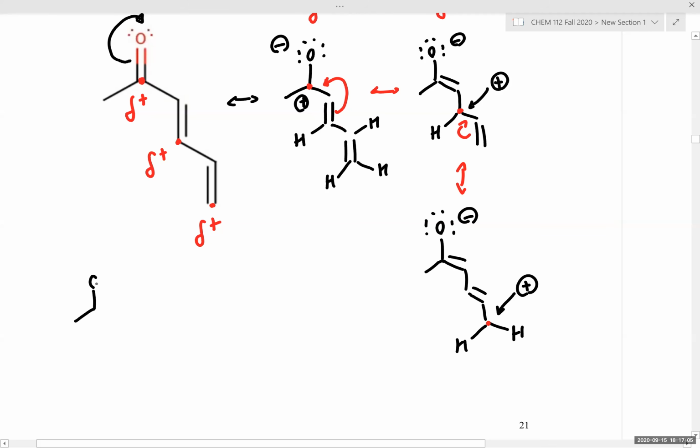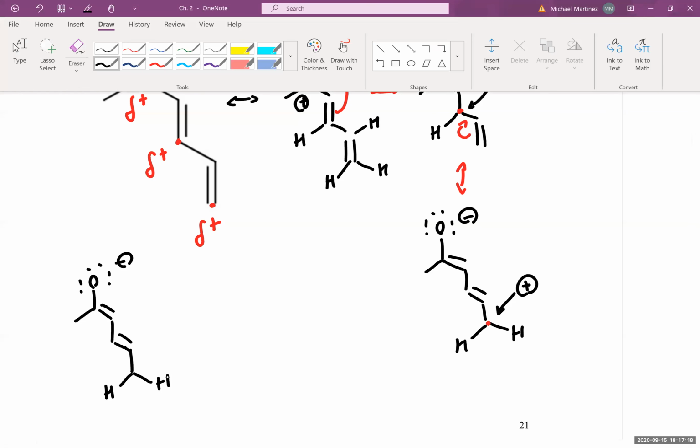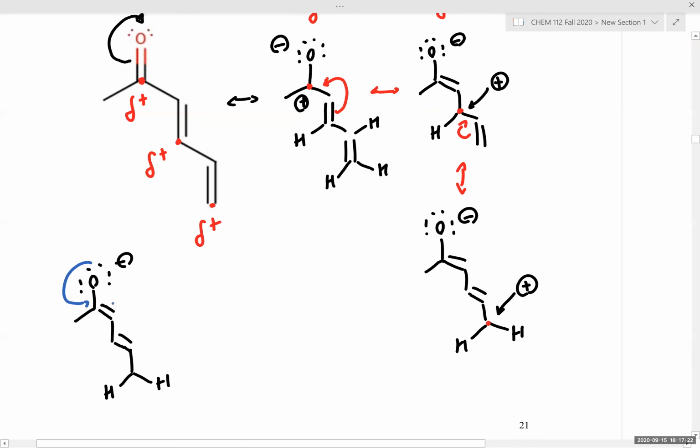Now, we can actually draw another set of resonance structures, and I'll show them right here. If we take this resonance structure and we manipulate it further, we can notice that we have a few atoms that are pretty electron rich. So first, we kick our lone pair down and we break our double bond. That in turn gives us the following structure.